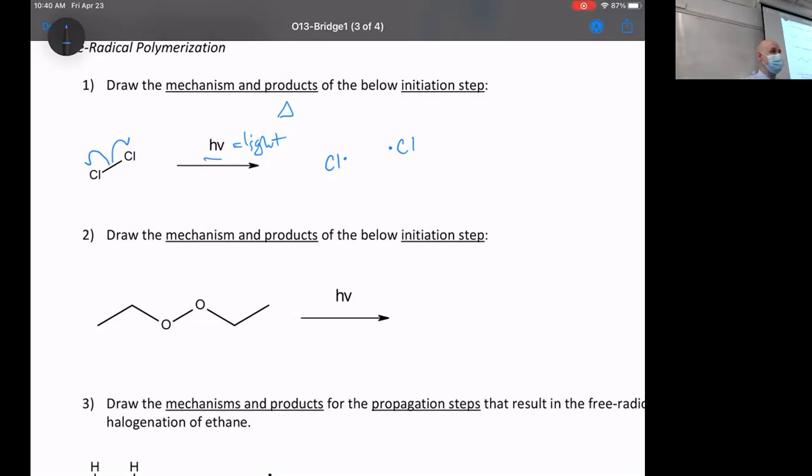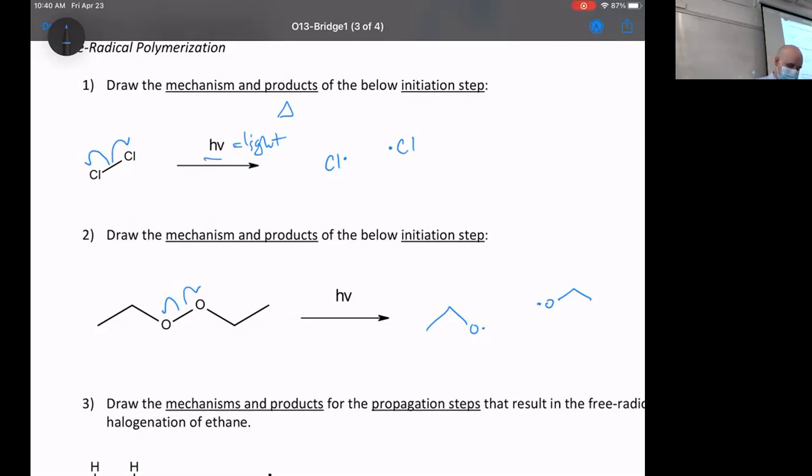But if any light gets to them, that same mechanism is going to occur where that bond will snap in half and both of those oxygens will get one electron. And so you would end up with two oxygens with a free radical, which can then go on and do reactions. And so peroxides and halogens with light are normally what causes our free radical reactions to begin.